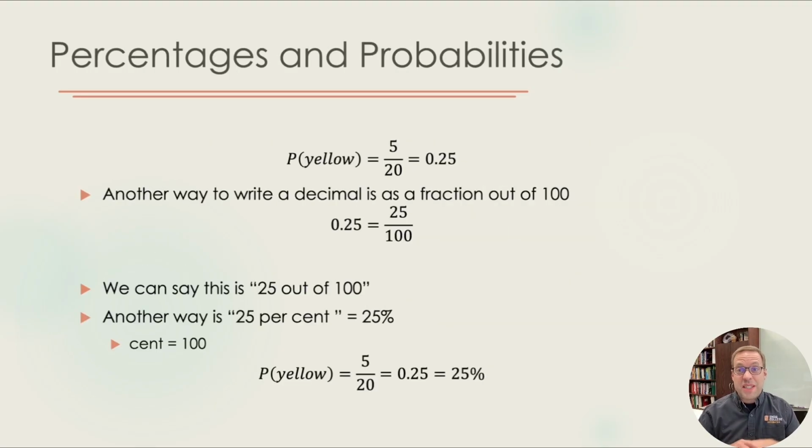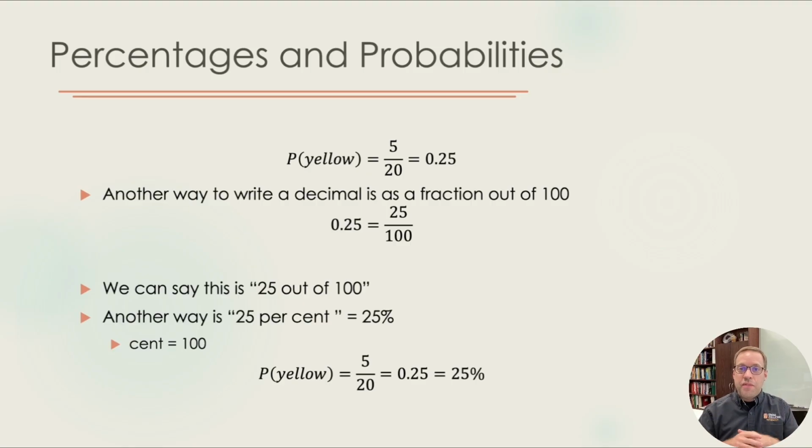Now, probabilities are often given as a percent. Let me show you where the percent comes from. So we saw that the probability of drawing a yellow marble is 0.25. Another way to write a decimal is as a fraction. So 0.25 would be 25 out of 100.